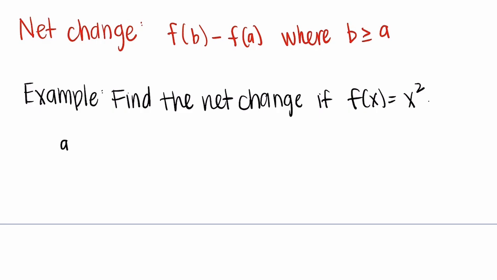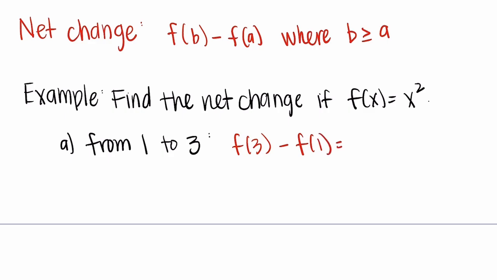I'm going to do this twice. So the first one I'm going to say, let's do this from 1 to 3. So all this is telling me to do is take f of 3 and subtract f of 1.